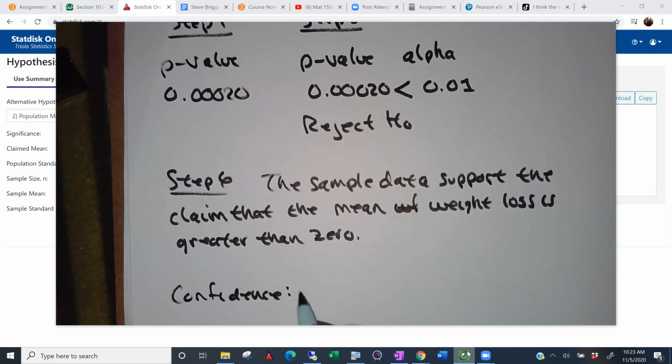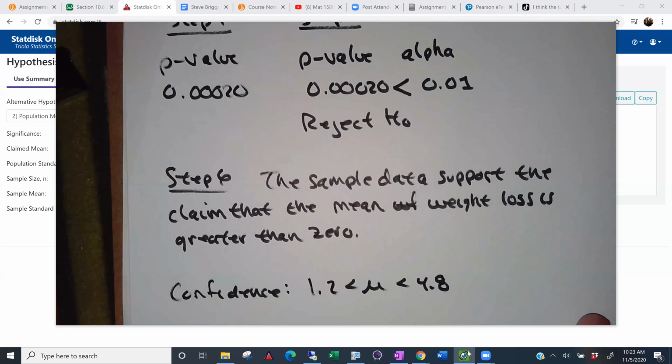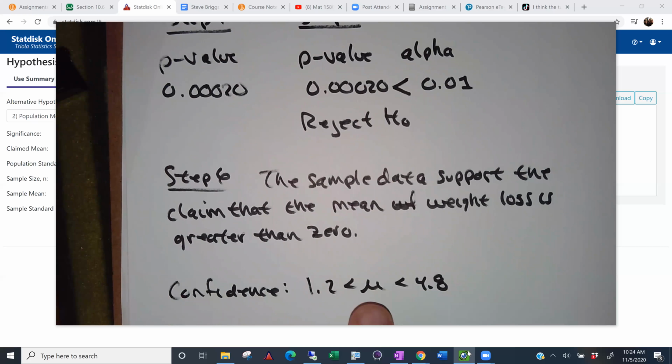It was between 1.2 and 4.8, something like that. 1.2 is less than mu, it's less than 4.8. Does this match our decision to reject H0? Can we say yes because 0 is not included?